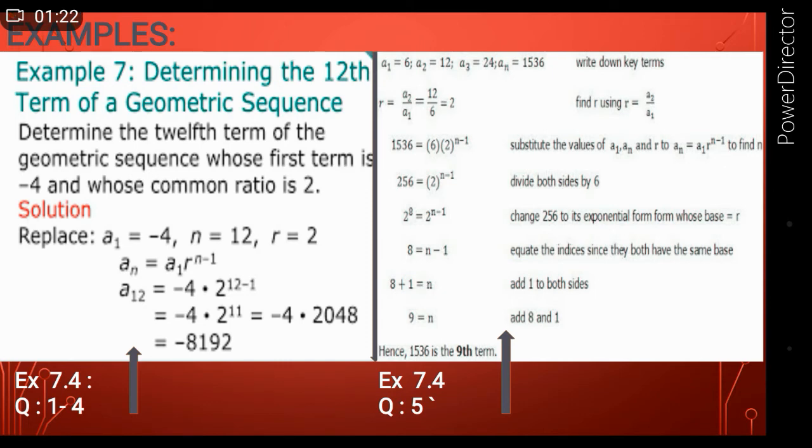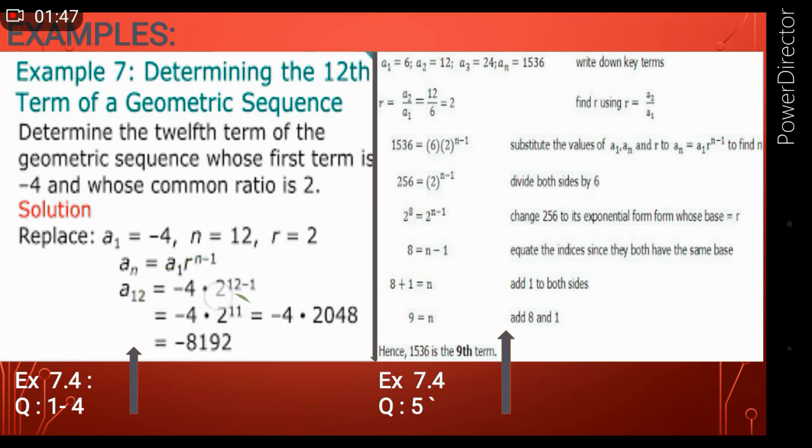And now examples. Determine the 12th term of the geometric sequence whose first term is minus 4 and whose common ratio is 2. What is the method? First of all, write down the data, then the formula, and put values in the formula. Here minus 4 is multiplying with 2 raised to power 12 minus 1.